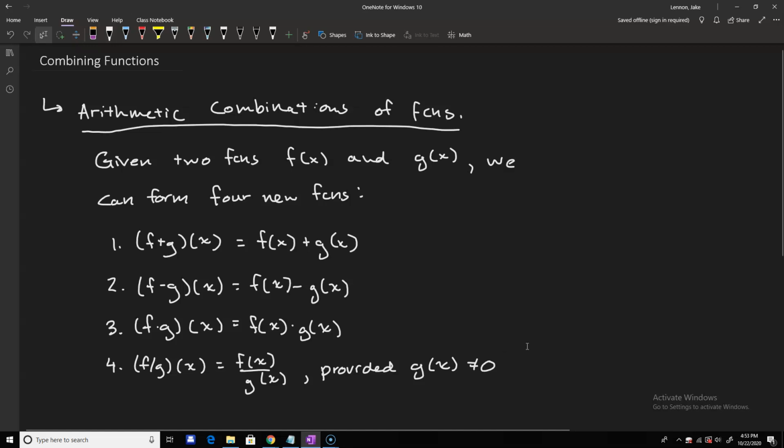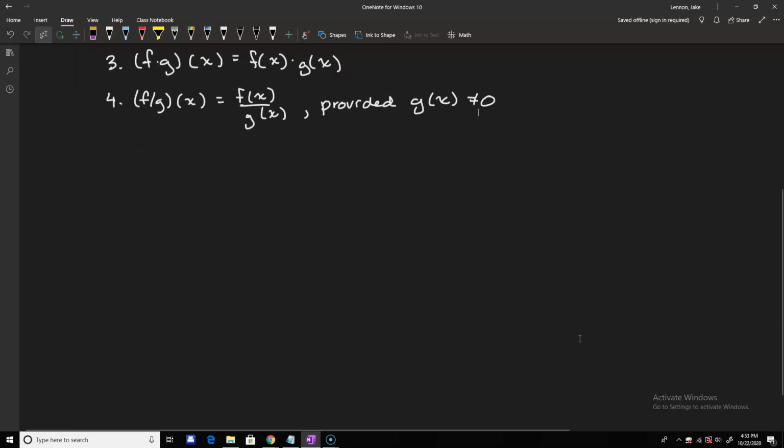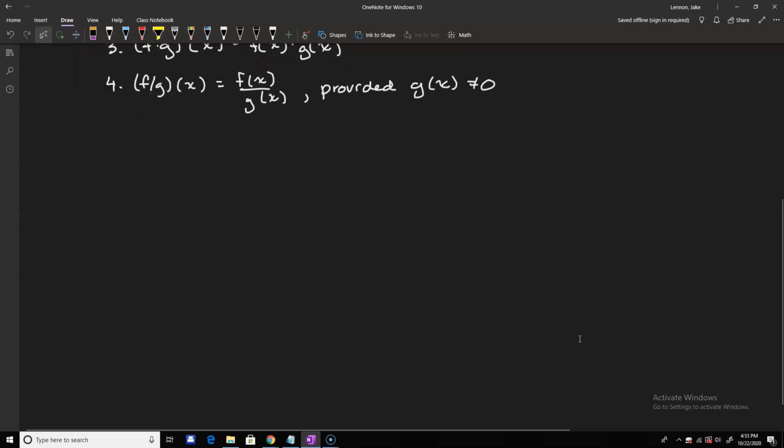So there's a bit of a domain constraint on forming that new function. Let's go ahead and look at one example of applying this. A lot of times this combination of functions is just so obvious that it's not even really talked about too much, but it's good to at least reflect on it for a moment. So let's start with two functions.